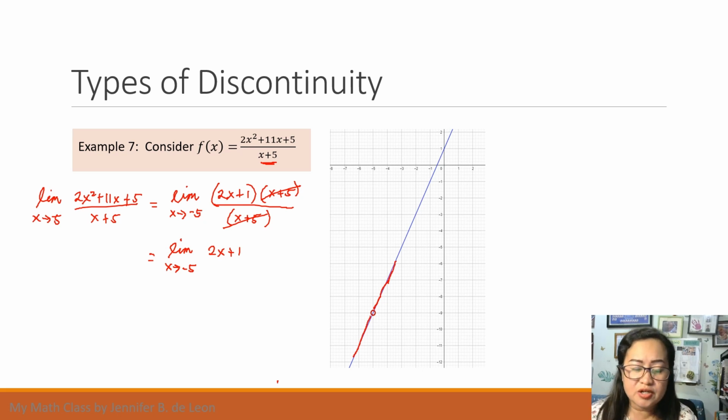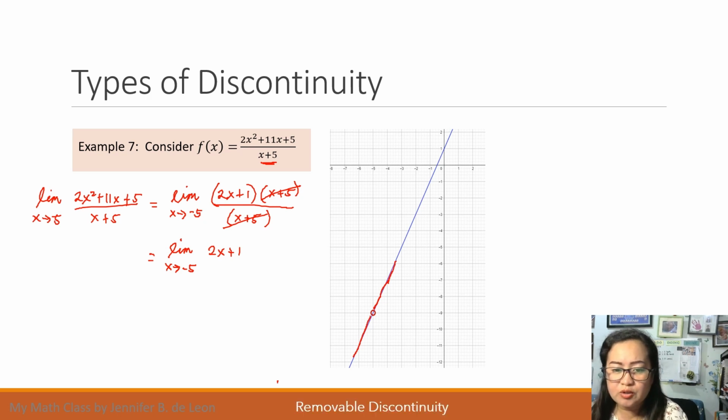Now, take note here, 2x plus 1 is already a continuous function as x approaches negative 5. So in this case, this implies that we can remove the discontinuity of this function. Thus, we redefine the function at the point where the function is discontinuous. So we will have a removable discontinuity in this case.